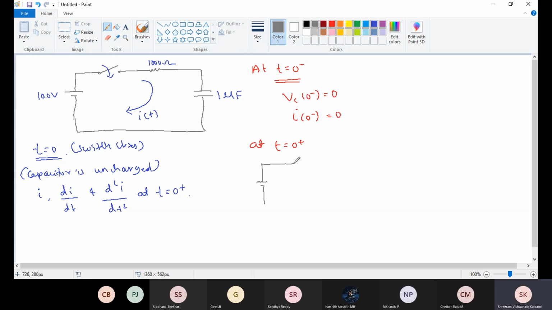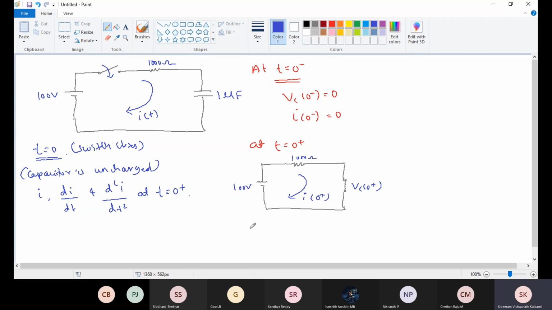Circuit at t equal to 0 plus. Capacitor short circuit. Now the values are 100 volt, 1000 ohm. Here VC at 0 plus and I at 0 plus.